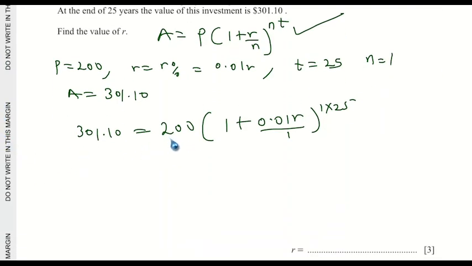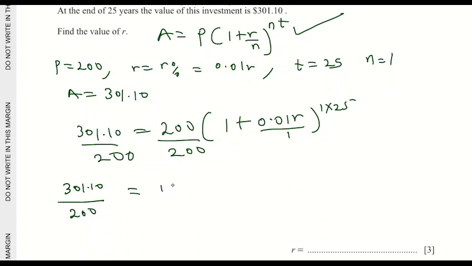I can divide both sides by 200. That leaves us with 301.10 over 200 equals 1 plus 0.01R to the power of 25.